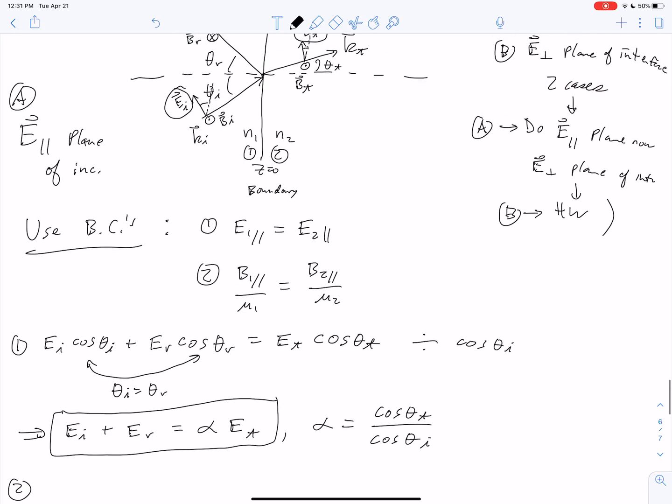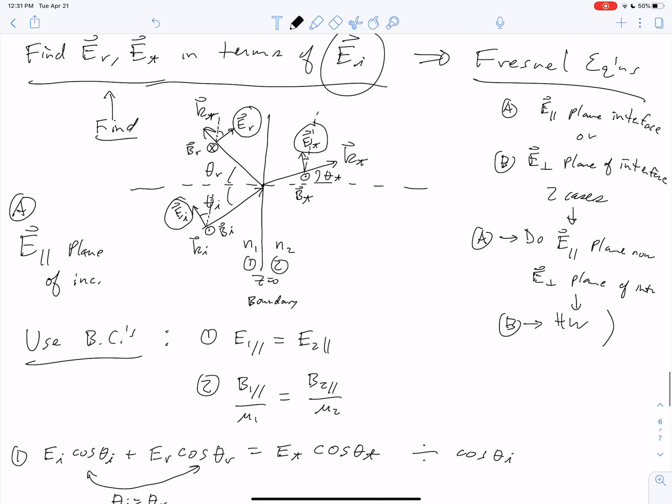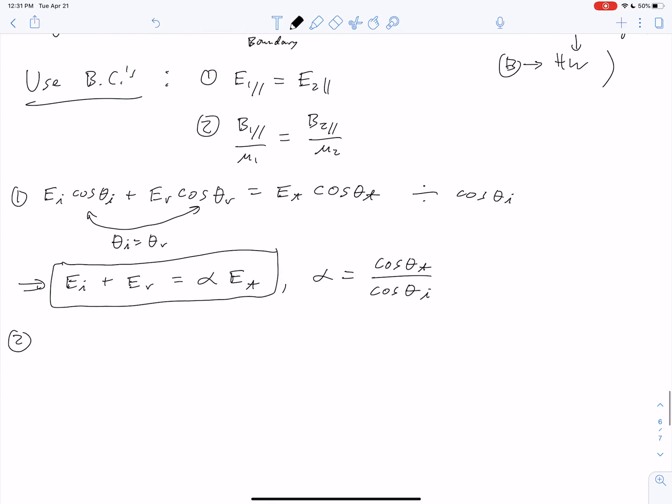Now let's go back to the drawing. And you see the B parallel here. Let's see if I can reproduce it here. Remember I had this picture. I got this guy and this guy and this guy.